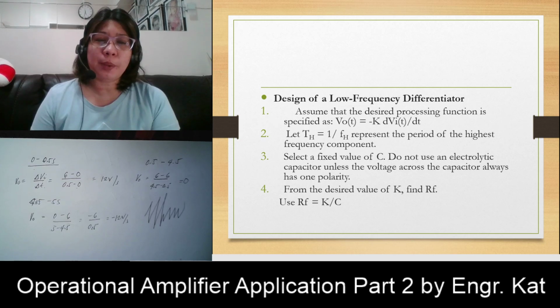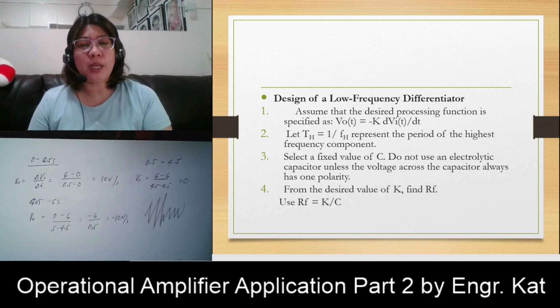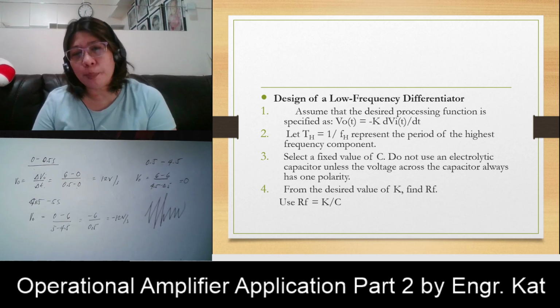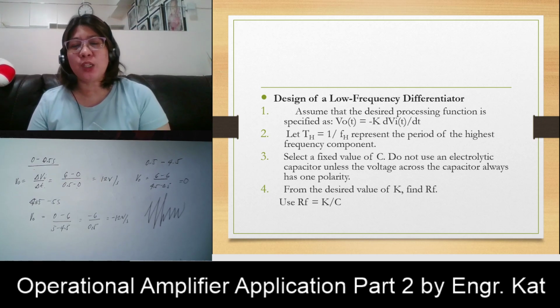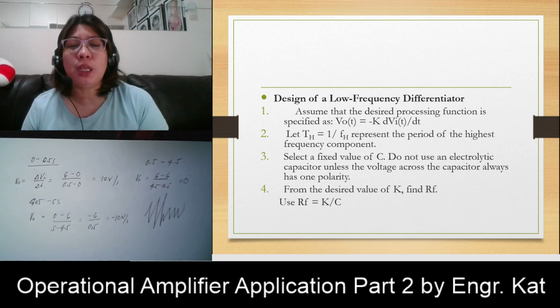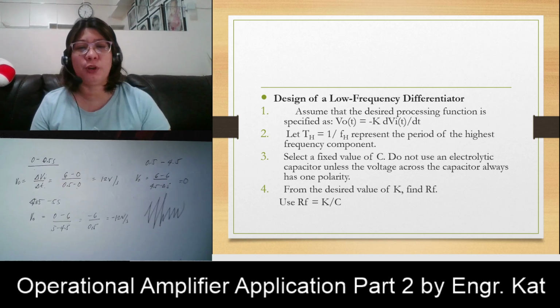Electrolytic capacitors are the capacitors which have polarity. So we use those with no polarities, or the non-electrolytic capacitors, unless the voltage across the capacitor always has one polarity. So from the desired value of K, we can compute RF. RF is equivalent to K over C.